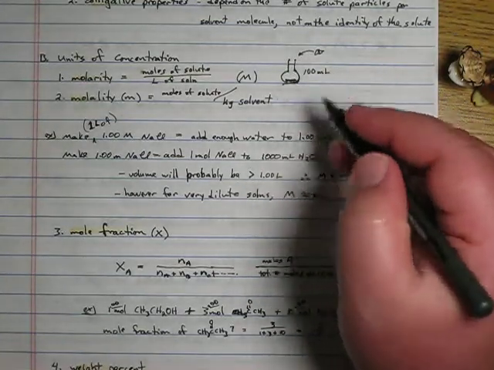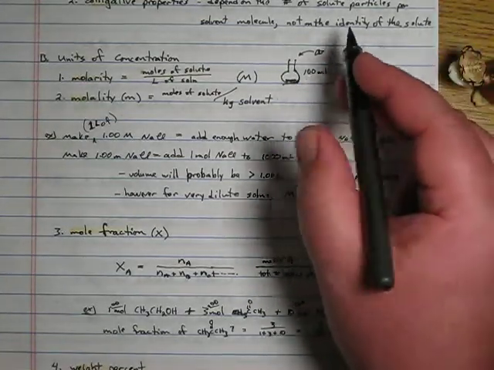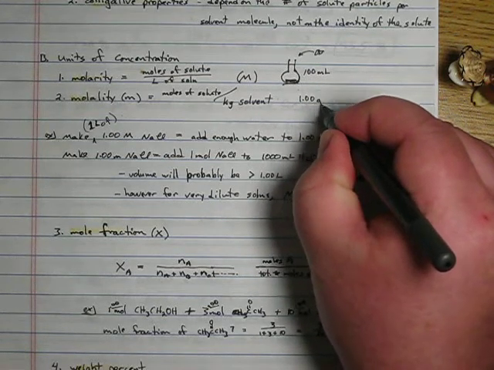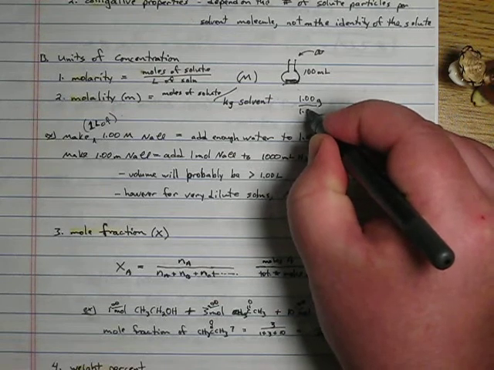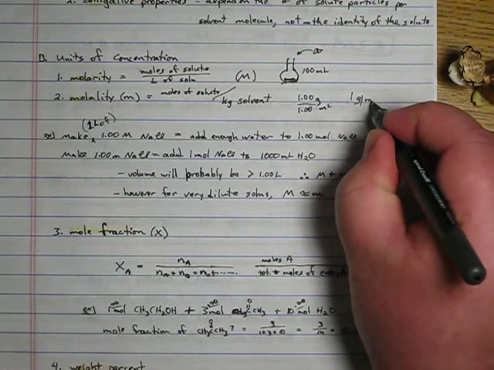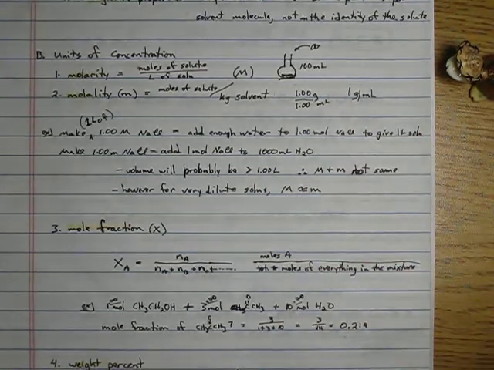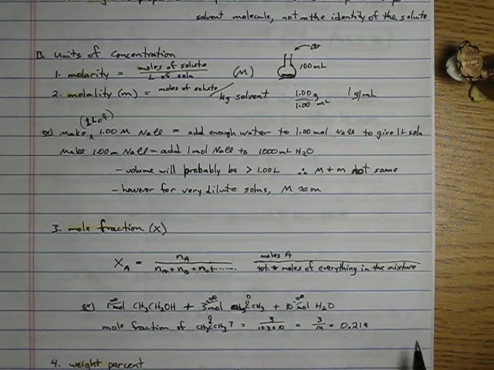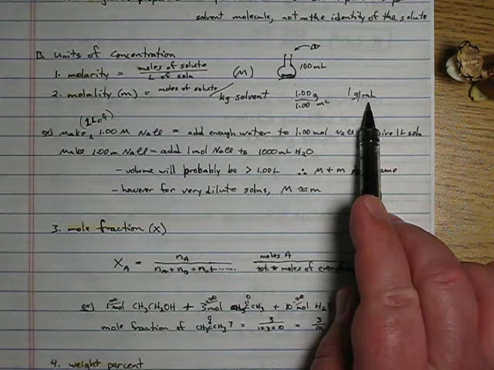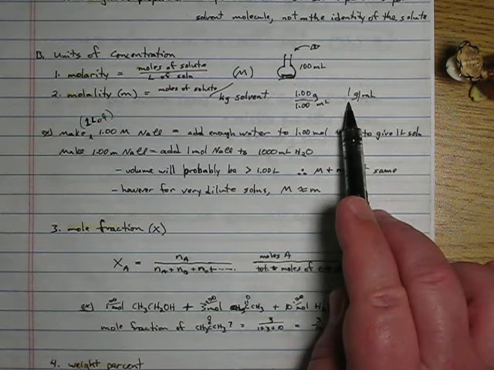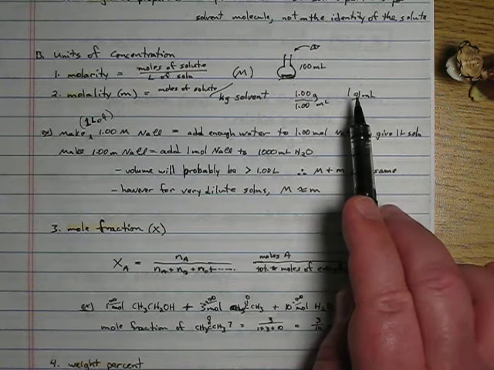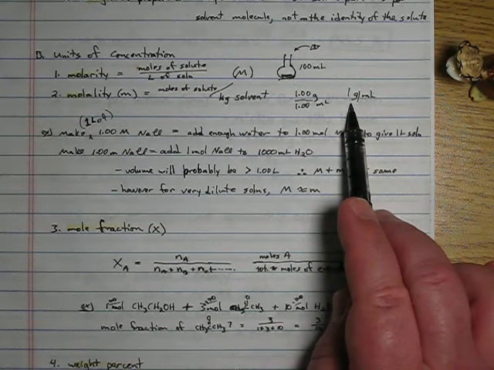Well, recall the density of water, to a nice 2 to 3 sig figs, is 1.00 grams of water per 1.00 milliliters of water. The density of water is 1 gram per milliliter. Which means if you had 100 milliliters of water, that would be 100 grams of water. 1,000 milliliters of water would be 1,000 grams of water.